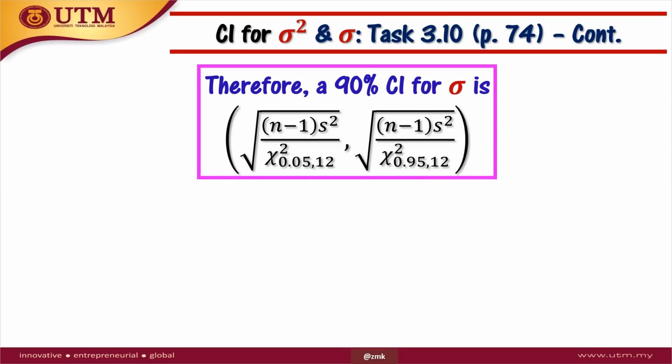Please do not forget the square root, because we aim to find the confidence interval for sigma in this question, not sigma squared only. Therefore, please do not forget the square root.